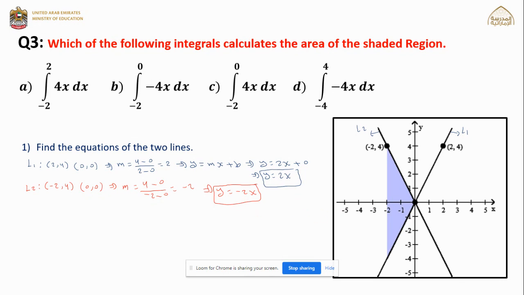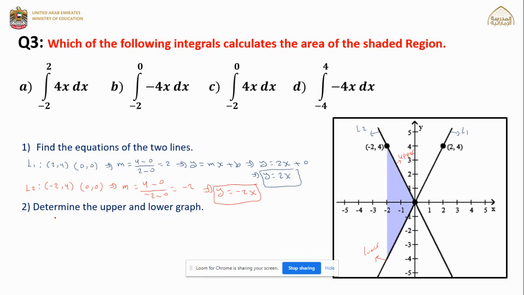Now I will go back to the region, which I have here in the graph, the shaded region, and I will determine which is the upper and lower graph. As I see here, L2 is the upper, and L1 is the lower.